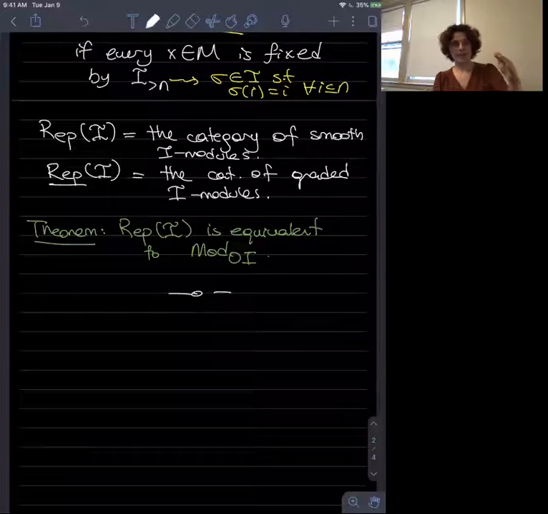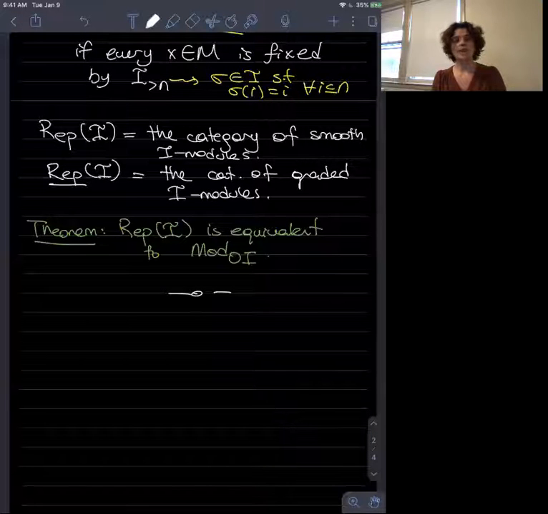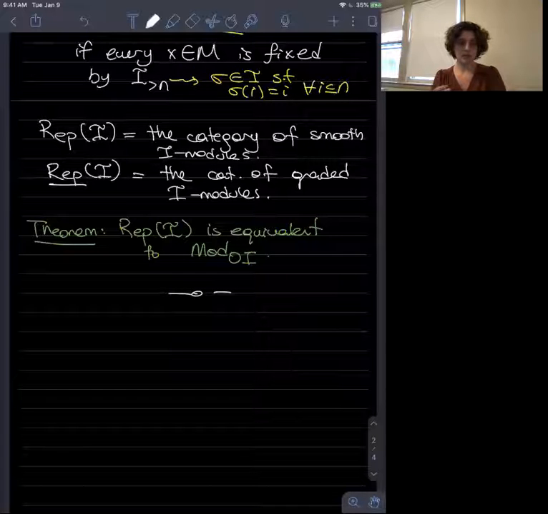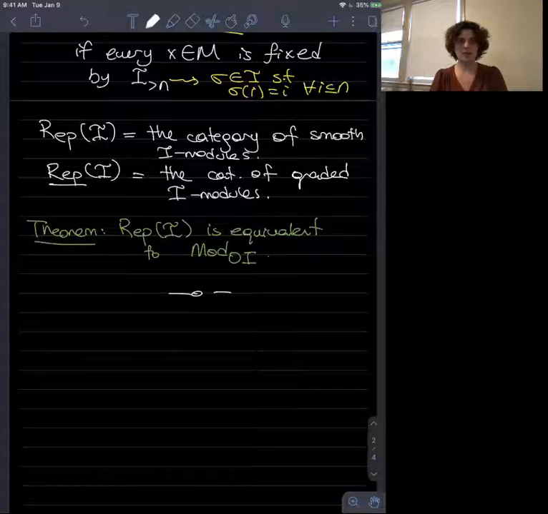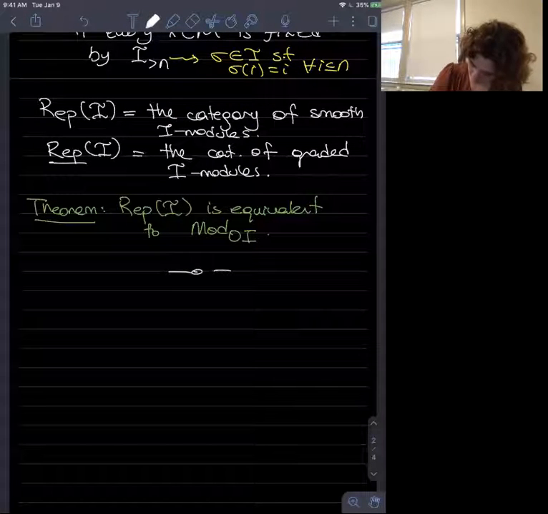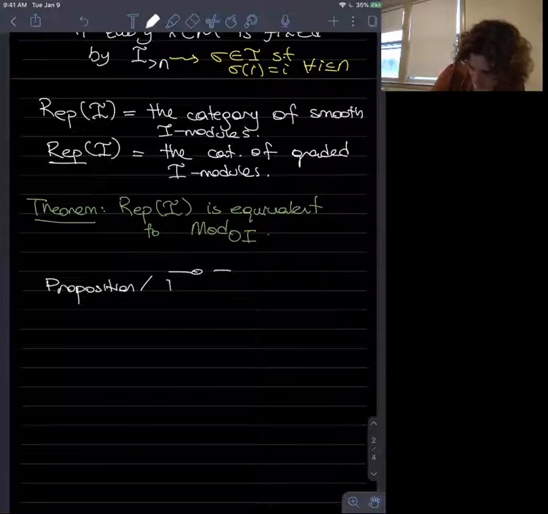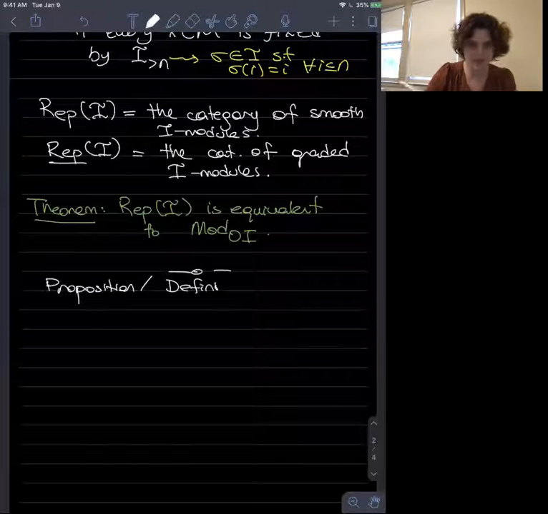Now, as the remaining part of the talk, as an outline, I will introduce three important monomial modules in these categories, important objects that helped us construct the results we obtained in this paper. So I'm going to write this as proposition slash definitions, because I will define them in the meantime.